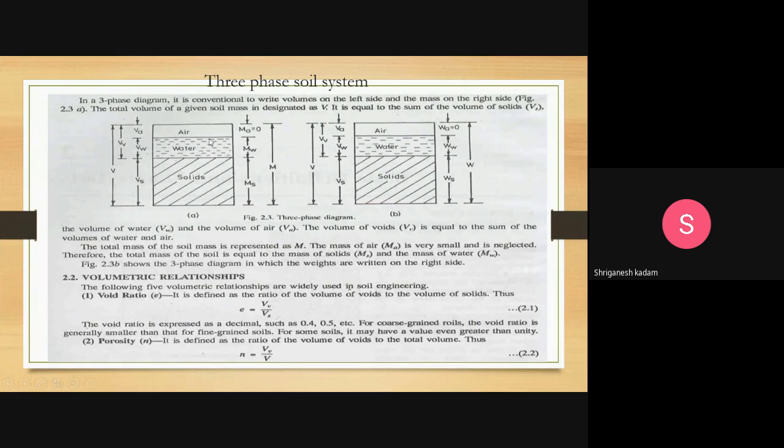So if we see this figure, what is the volume of void? Volume of void means volume of air plus volume of water. By combining these volumes, volume of air and water, it becomes volume of void. So this is volume of void divided by volume of soil solids. This ratio is called the void ratio.